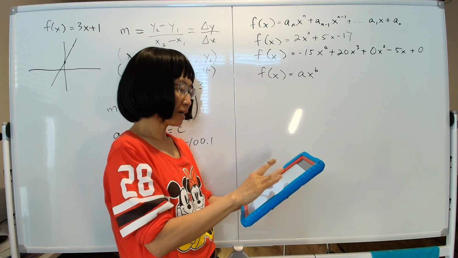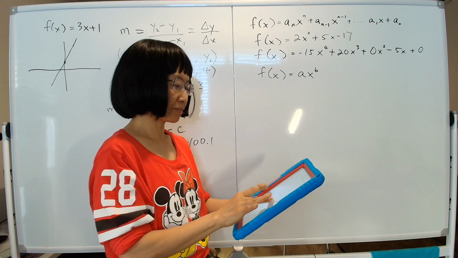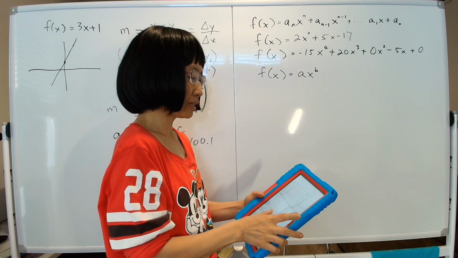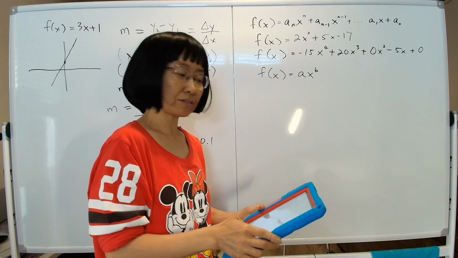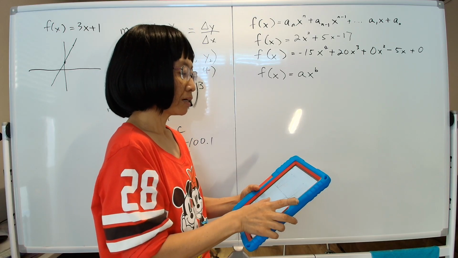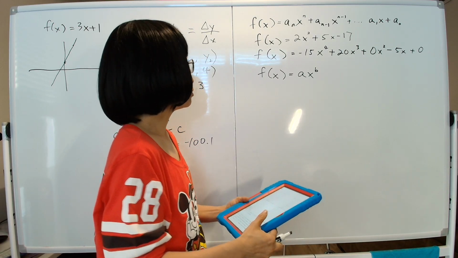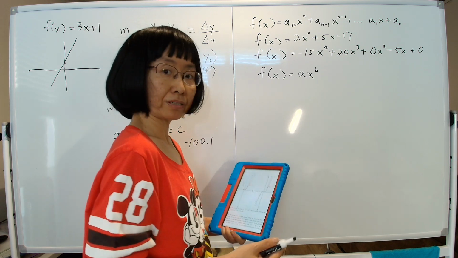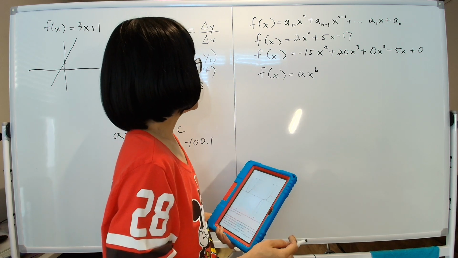Next, the behavior at infinity of polynomials. The behavior of polynomials at infinity is that they will go to infinity. Generally speaking, there are two kinds of polynomials. They go to positive infinity or negative infinity.